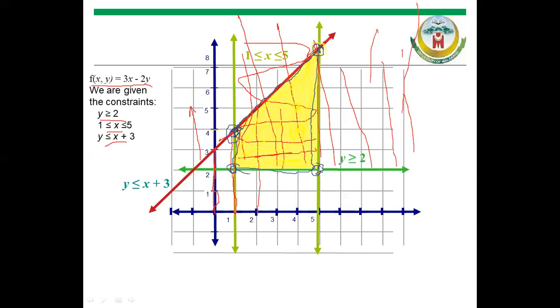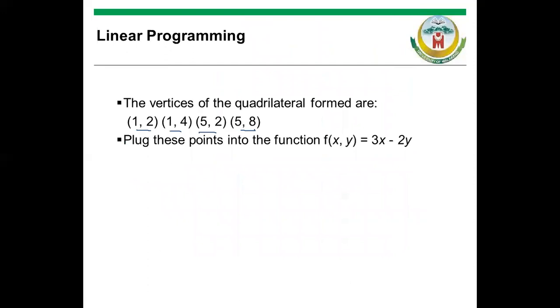So these are the other two vertices. So (1, 2) and (1, 4), and (5, 2) and (5, 8). These are the vertices of our interest.